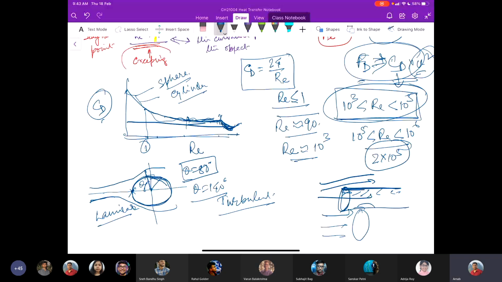Which means your surfaces, these inner surfaces, the walls were in line or parallel to the streamline, isn't it? Those are called the streamline bodies or streamline scenarios. But here we have blunt bodies, which are obstructing the flow.